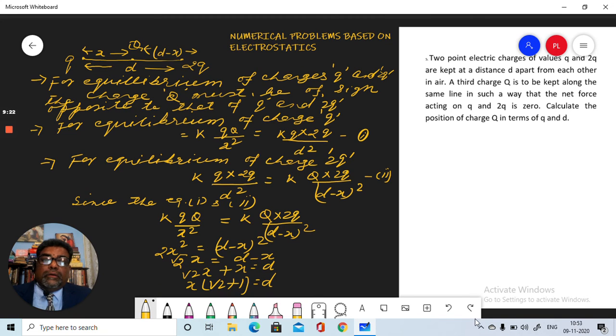Or you can have x is equal to 1 upon root 2 plus 1 into d. Or this can be written as root 2 minus 1 into d.